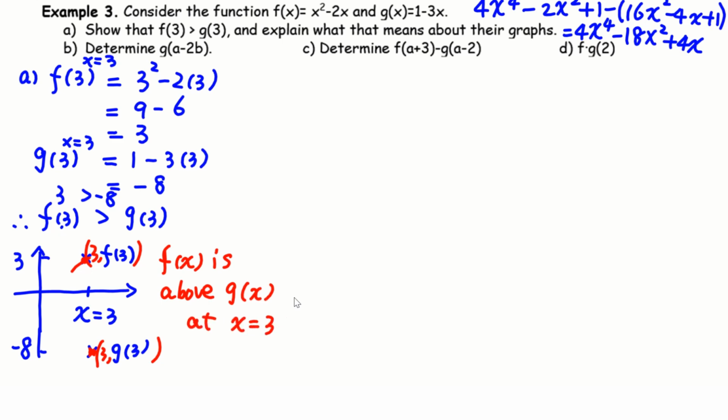So 3 comma f at 3, it is like the xy coordinate, the point on the function f at x.